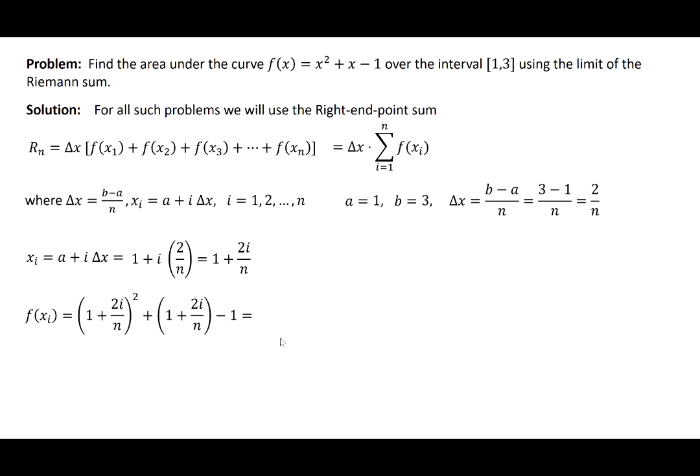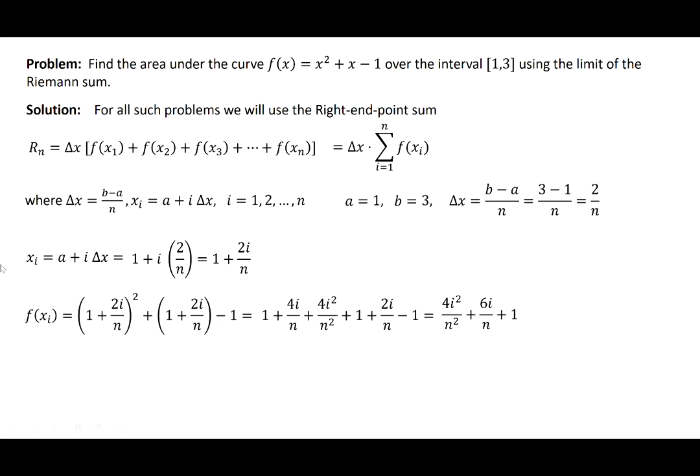Now let's just FOIL this out and simplify. 1 and negative 1 add up to 0. There's a 4i over n plus 2i over n, so that makes it 6i over n. And this 1 will still remain. So that turns out to be 4i squared over n squared plus 6i over n plus 1.